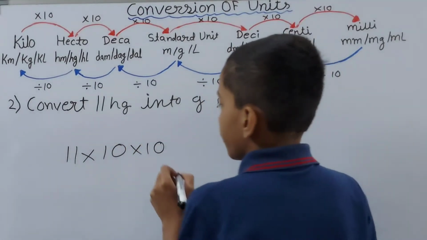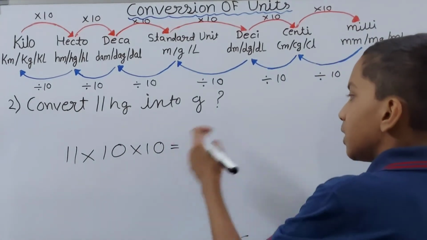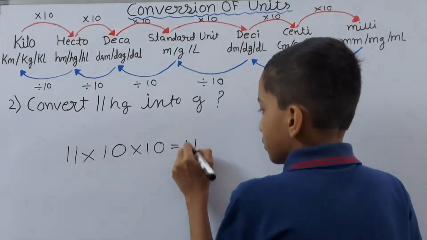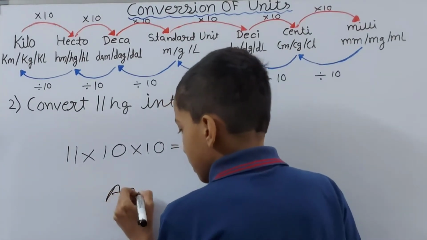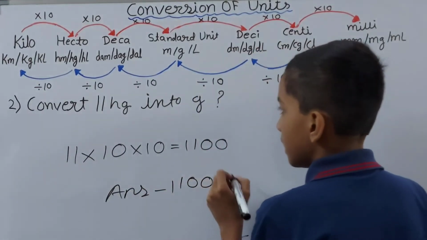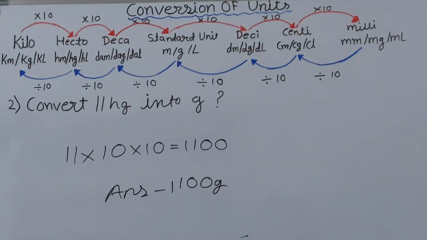So what will be the answer? 11 into 10 is 110 and 110 into 10 is 1100. So we have found the answer, that is 1100 grams, because we are converting in grams. So this is our answer.